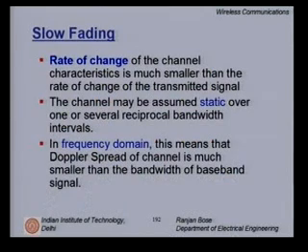Now, as was the question raised earlier with respect to what happens in between the frequency flat and the frequency selective channel, a question may be asked what happens in the scenarios where it is in between fast fading and slow fading. Well, the researchers have come out with a term called a quasi static channel, where it is somewhere in between. So, it is not a slow fading scenario or a fast fading scenario, but it is a quasi static channel.